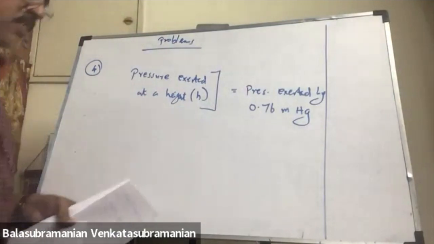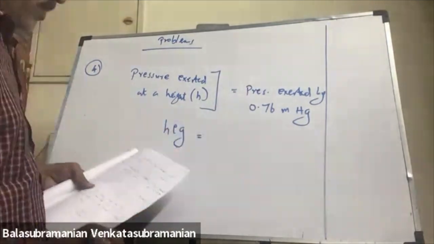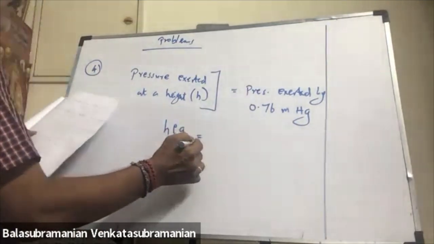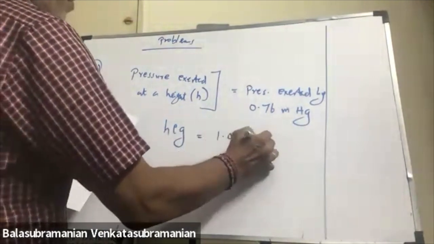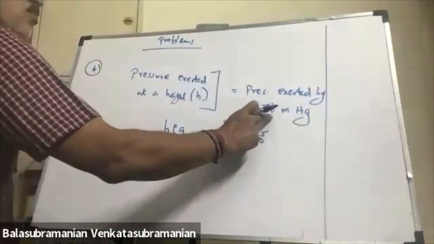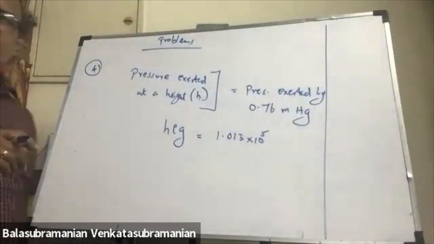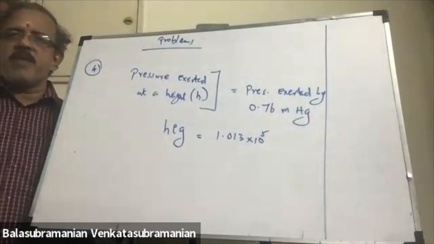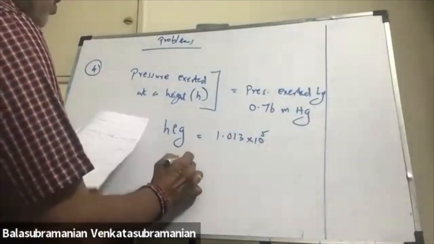So pressure exerted formula h rho g is equal to atmospheric pressure value 1.013 into 10 power 5. Here also into rho g you multiply. Density of air into 9.8 you multiply, you will get this answer. Your aim is to calculate h.